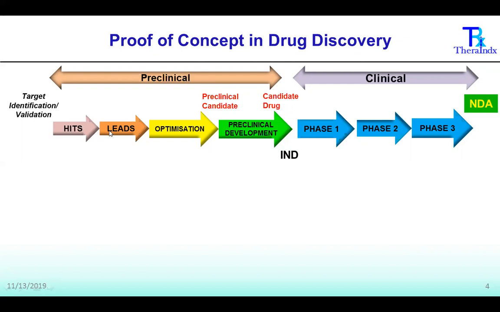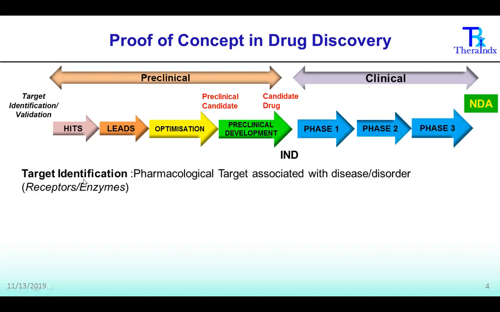And then some of them are moved further up, which show drug-like properties, which is referred to as the lead compounds. And from the leads, specific candidates are then chosen for optimization, eventually to yield a preclinical candidate, which enters the preclinical development program where safety and toxicology studies are done, eventually giving rise to the candidate drug, which is then progressed to clinical trials.